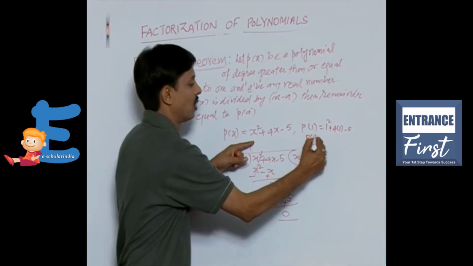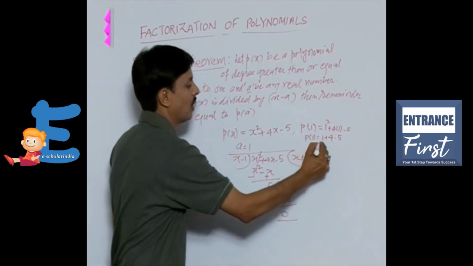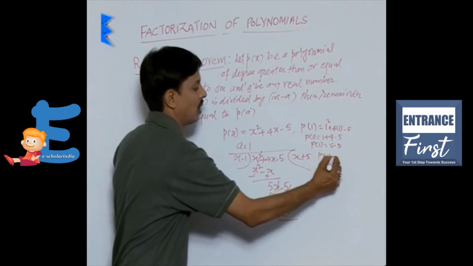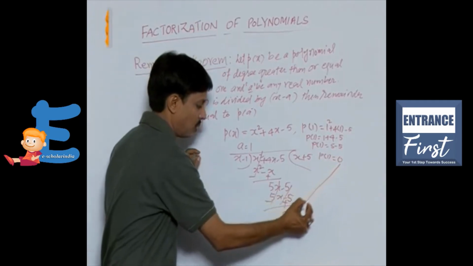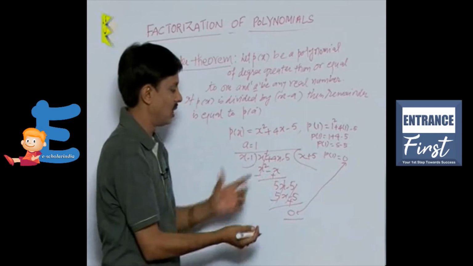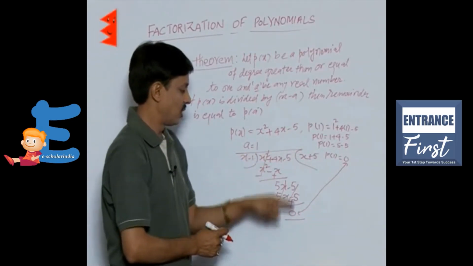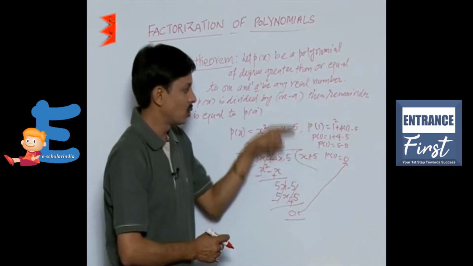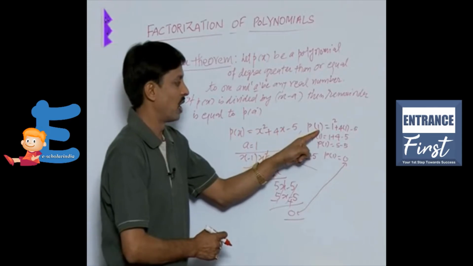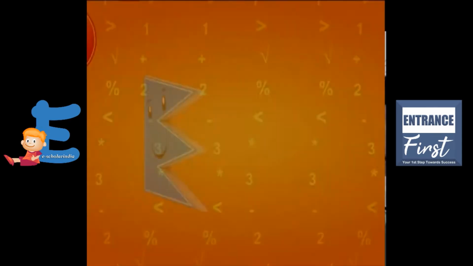So P of 1 becomes 1 plus 4 minus 5, which is 5 minus 5. P of 1 is equal to 0. You can see the remainder when the dividend has been divided by the divisor is 0. And also as per the theorem's statement, when we put 1, because a is 1, the remainder is also 0.